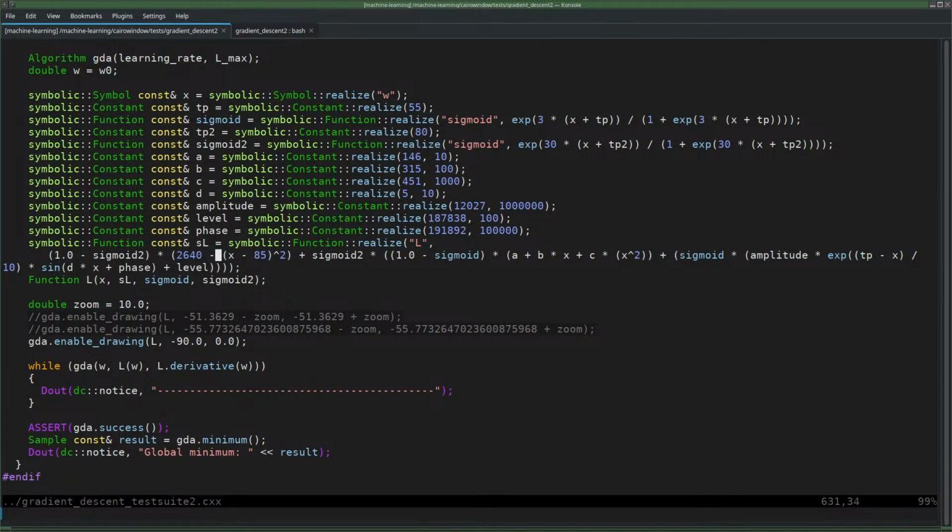How many constants do we have? D. Is D even being used? I don't think so. Plus D times that. It is 100th minus 100th.